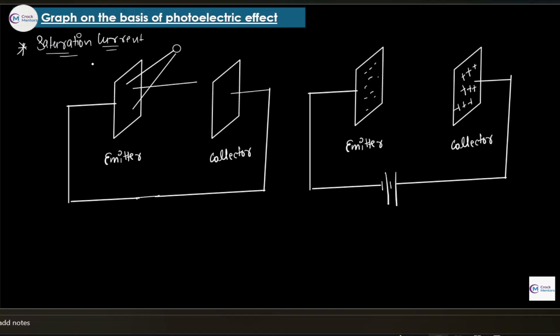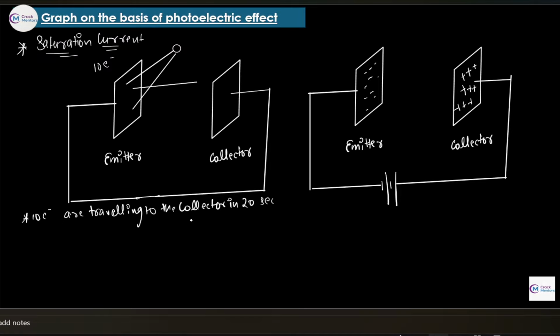I'm supposing that it is producing 10 electrons, and those 10 electrons are traveling to the collector in, let's suppose, 20 seconds.